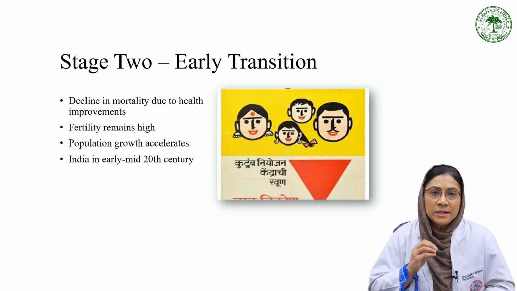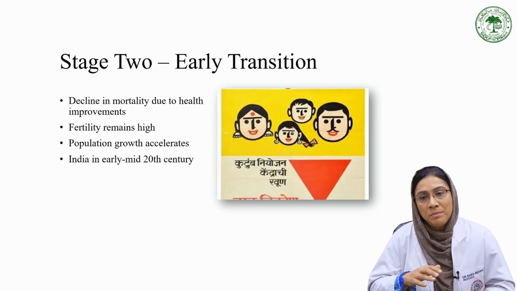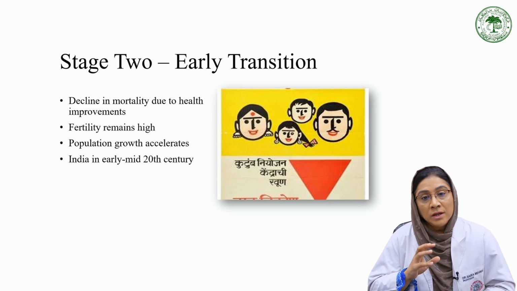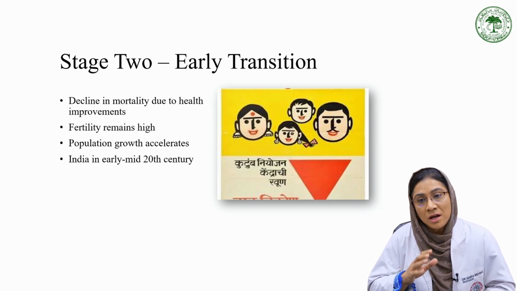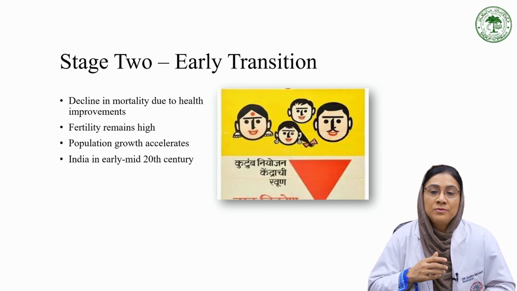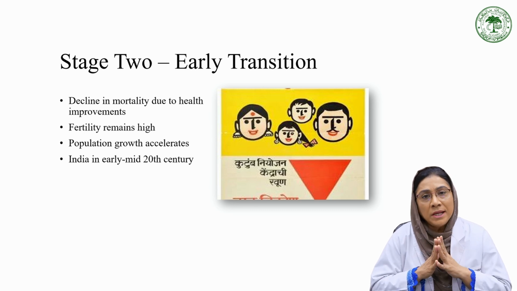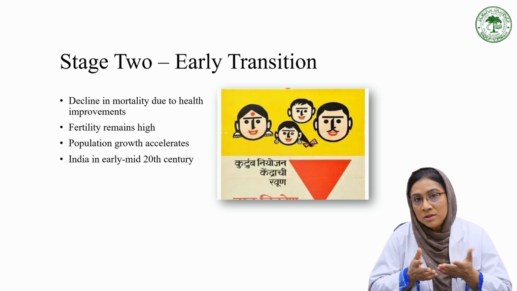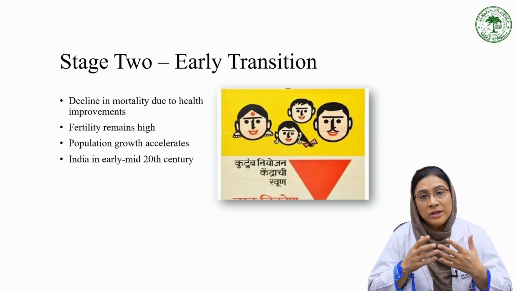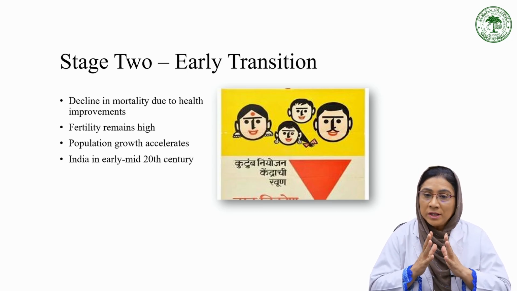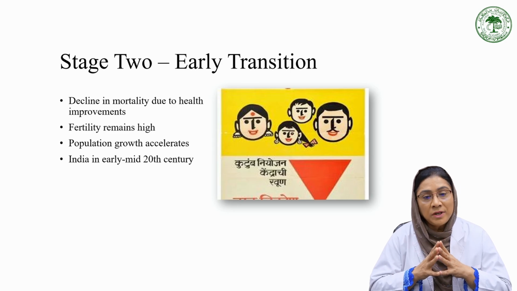The immediate result is a widening gap between births and deaths, producing a youth-heavy age structure and a sharp rise in the dependency ratio that strains schools, food systems, and housing. In India, malaria control, smallpox eradication, oral rehydration therapy, and expanded primary health care were pivotal, reducing infant and child deaths even in rural districts.